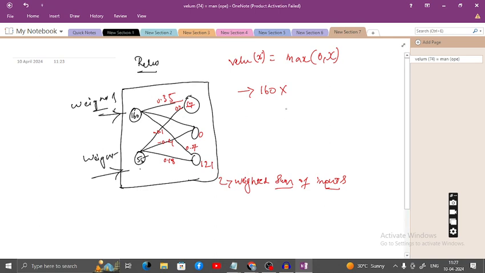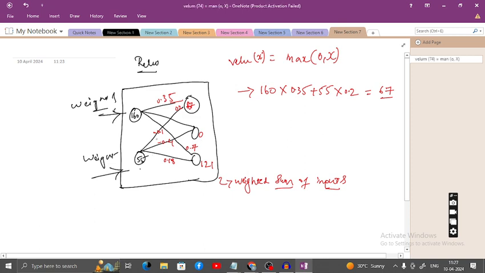Let us assume. So what is this weighted sum? 160 into 0.35 plus 55 into 0.2. How much did you get? 67. Coming from 0.35 into 160, and 0.2 into 55, we get 67.